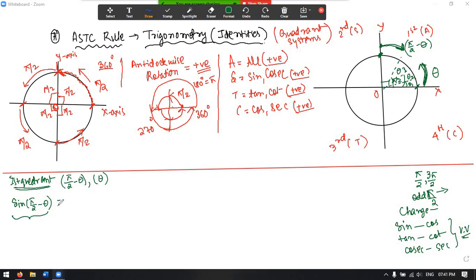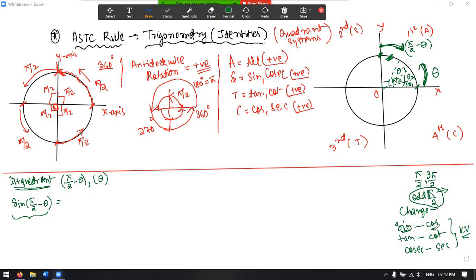I am showing you a simple trick to write it down. We are discussing the first quadrant, so do not mess up with the second, third and fourth quadrants. See, sine pi by 2 minus theta. What I have told, if I get odd pi by 2 values, then I have to change my trigonometric ratio.